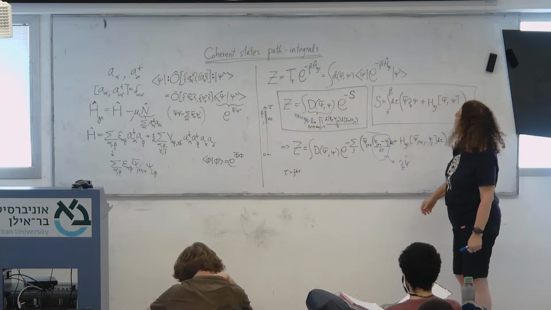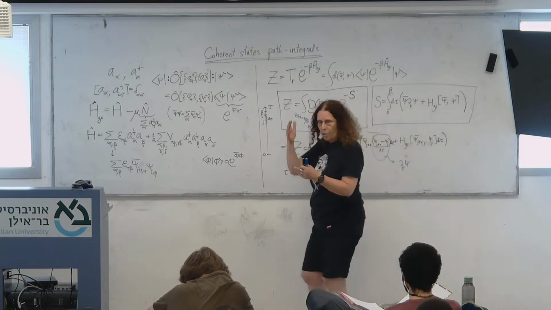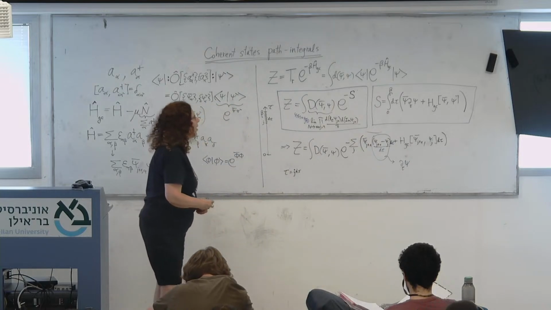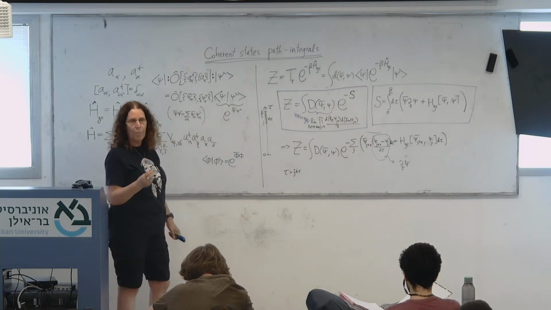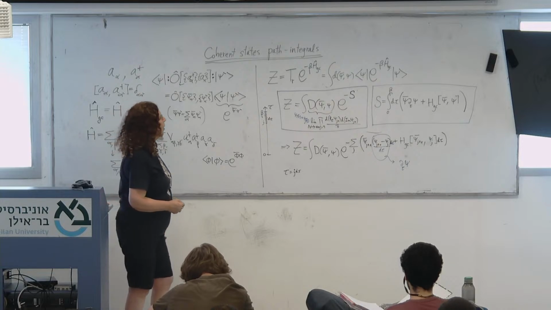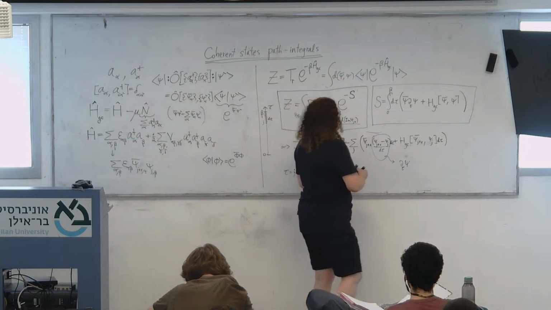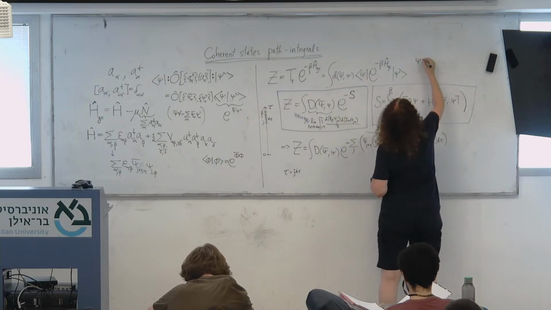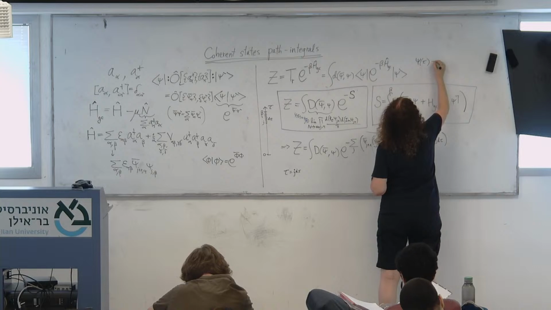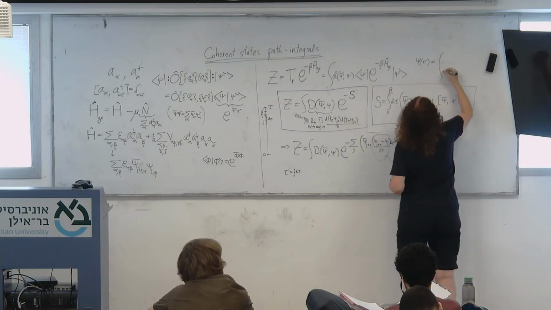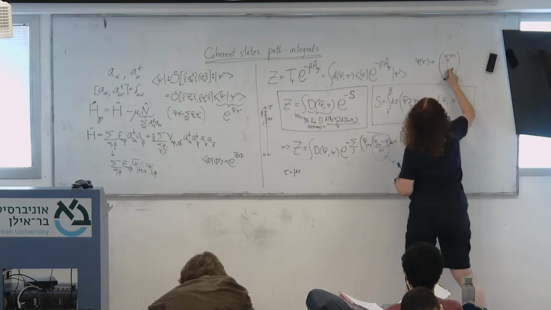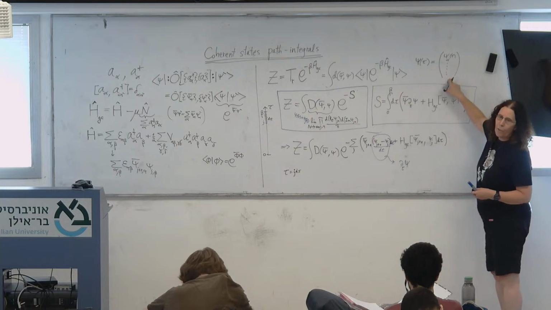It's a row or a column of all the psi alphas, where the alphas are quantum numbers of the single particle states. So psi of tau runs on all the possible alphas.